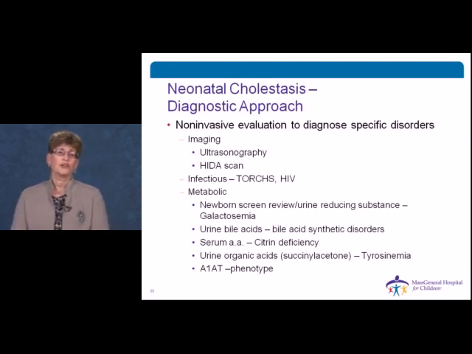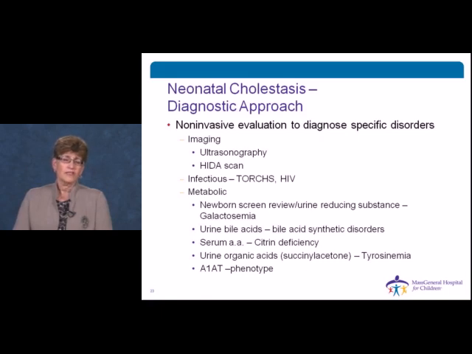So now I'm going to go through the rest of the diagnostic approach to neonatal cholestasis. And again, it needs to be staged. We talked already about ultrasonography and HIDA scan, in relation to biliary atresia and other extrahepatic disorders. Infectious etiologies, as we saw, are responsible for 5% of neonatal cholestasis.